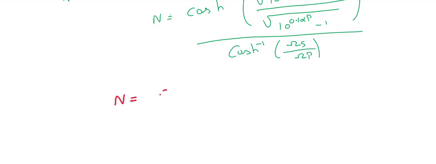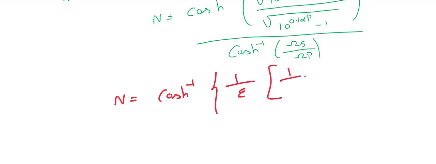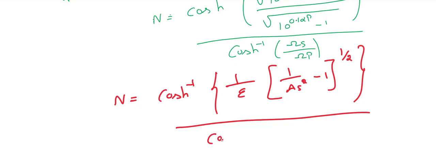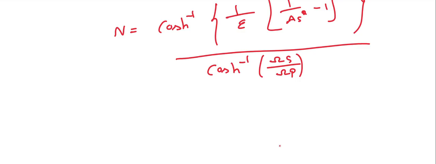So n is equal to cosh inverse of the square root of 1 by epsilon squared times (1 by A squared minus 1), if the gain is specified at the stopband edge frequency, divided by cosh inverse of omega s by omega p. So use these formulas.